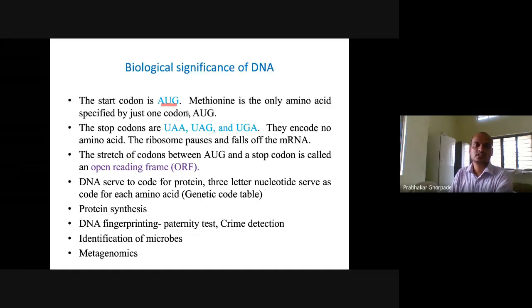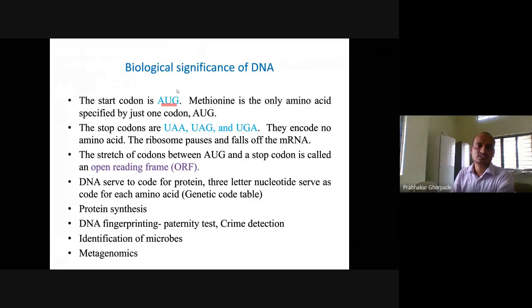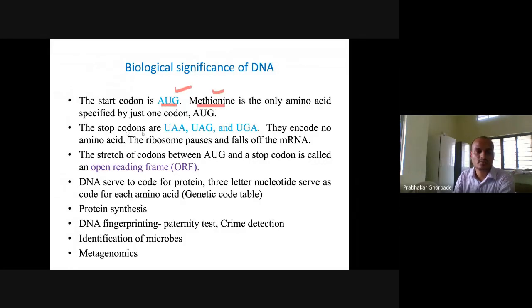Likewise, we have an mRNA sequence, and in this mRNA, AUG codes for methionine. There are the stop codons UAA, UAG, and UGA. These encode no amino acid; the ribosome pauses and falls off the RNA.